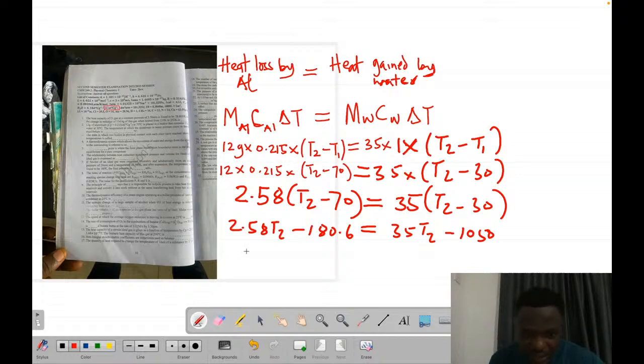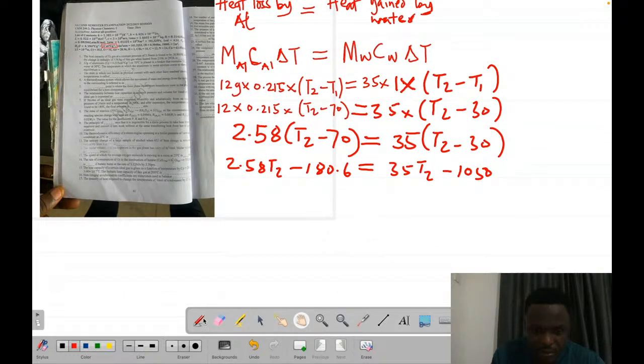If you collect like terms, this would be 2.58 T2 minus 35 T2 equals minus 1050 plus 180.6. Let's do it the other way around. I don't want to start wasting space. So let's keep this guy.